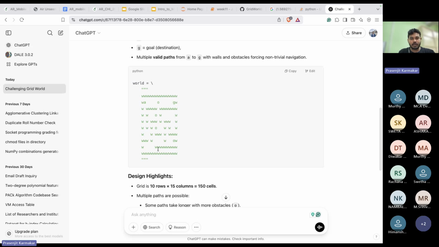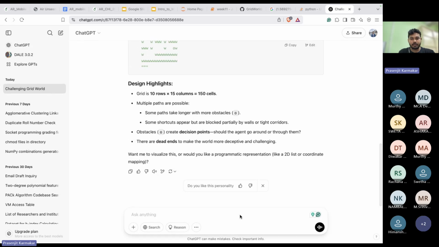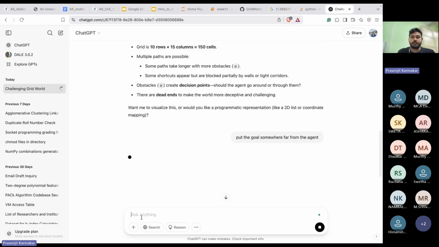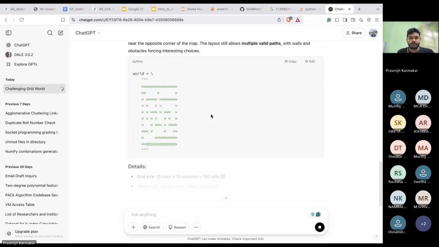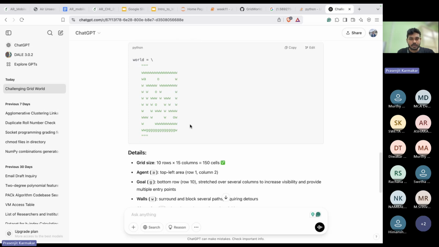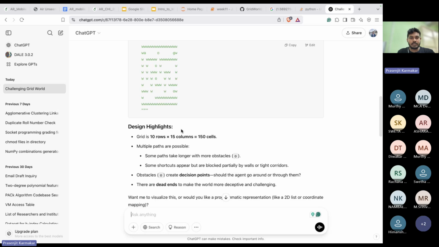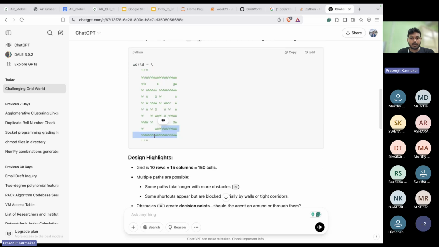Let's just put it somewhere far from the agent. Okay, now, oh, all those things are goals. Anyway, let's take the previous one and we can just move the goal according to our requirement.